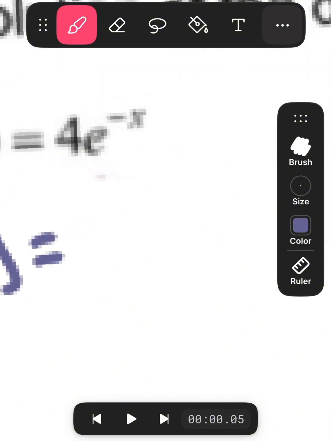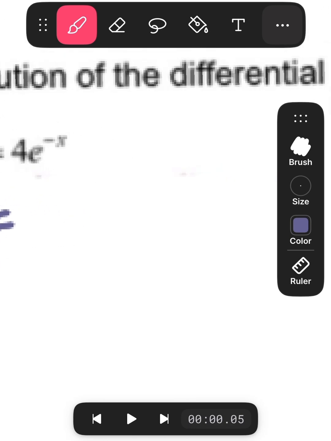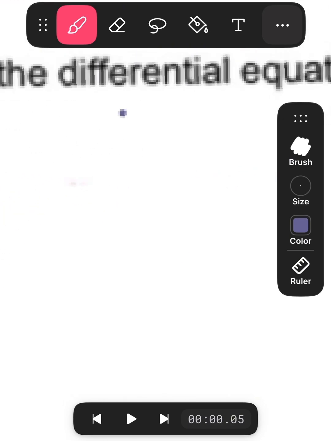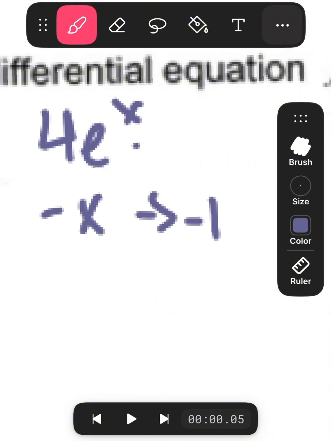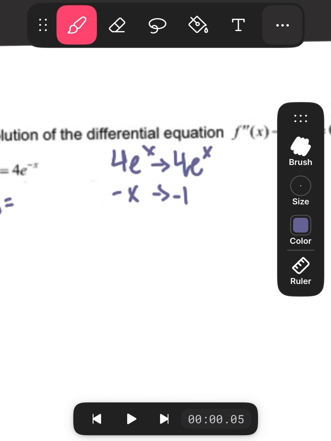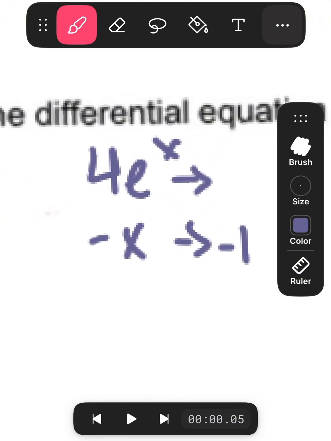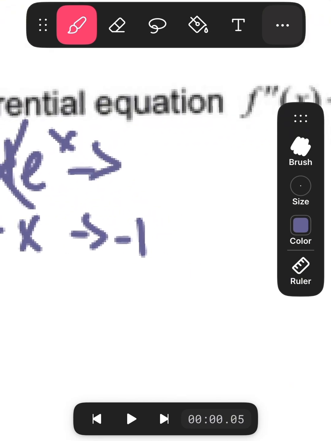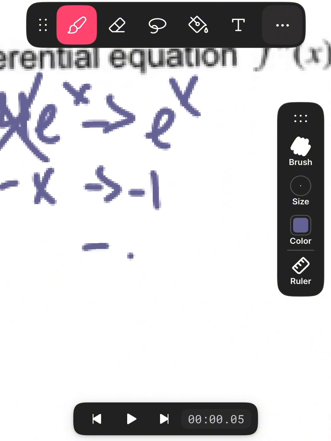So f of x is equal to, and this is chain rule, just for review's sake, I'll write out the chain rule over here. I'm going to put that 4, that's not bad, ignore the 4. This is e to the x, so it's going to be negative e to the negative x.